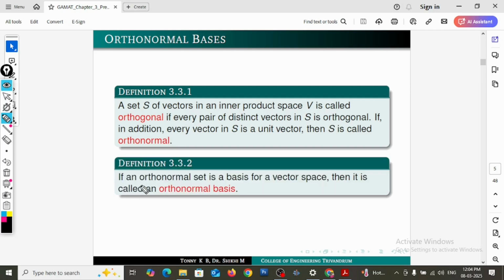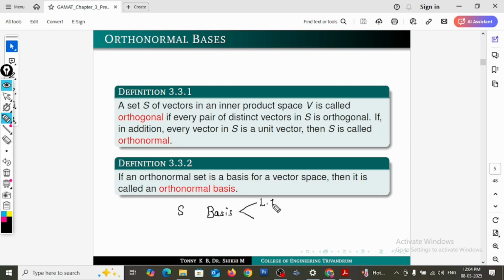As we see in the example, if an orthonormal set is a basis for a vector space, then it is called an orthonormal basis. So suppose you have a set S. How do we check that it is an orthonormal basis of a vector space? First of all, you have to ensure that it is a basis of the vector space. What are the conditions for a basis?